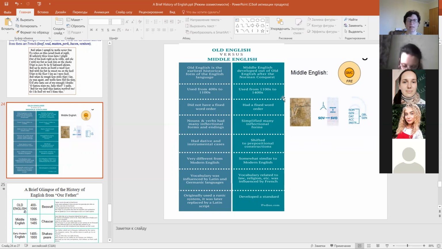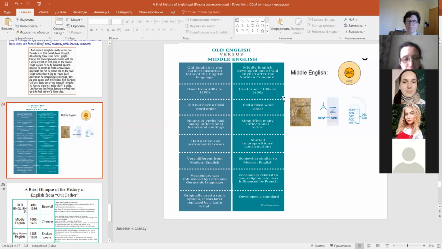Okay, next. Old English didn't have a fixed word order, but Middle English had a fixed word order. Anya? In Old English, nouns and verbs had many inflectional forms and endings, but Middle English simplified many inflectional forms. Good. Okay.